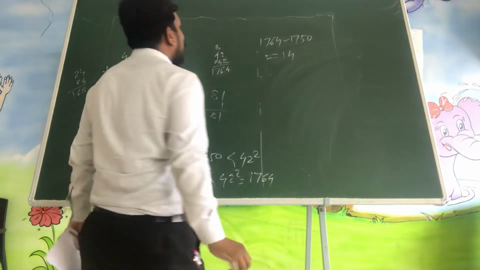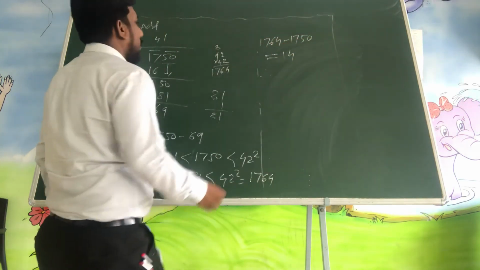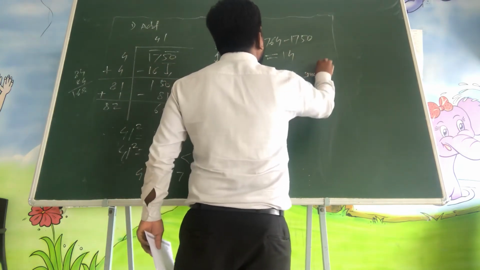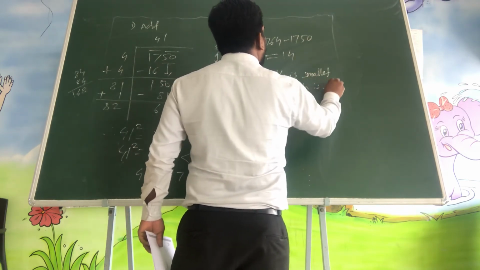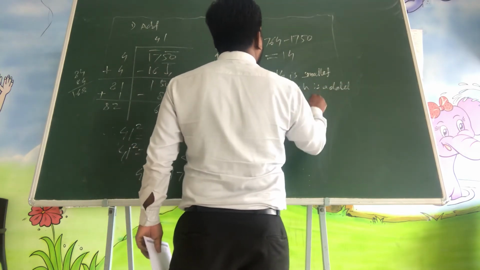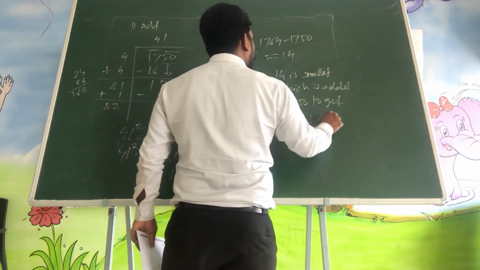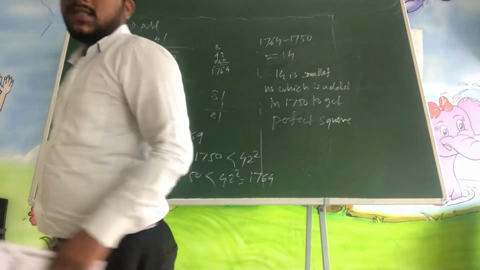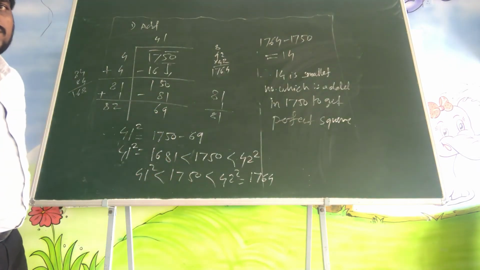So therefore 14 is the smallest number which is added in 1750 to get a perfect square. Perfect square. Okay, you have to look at this answer.